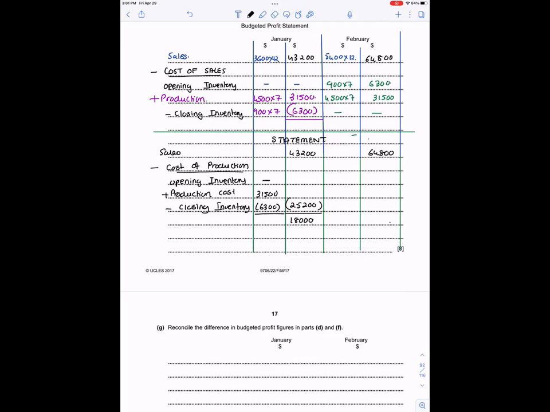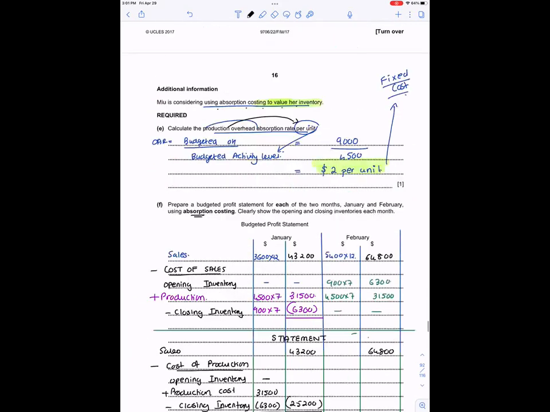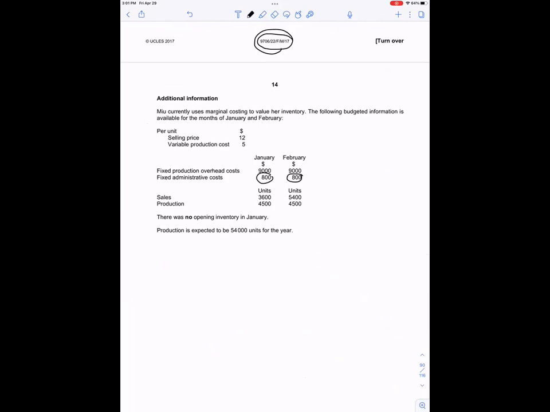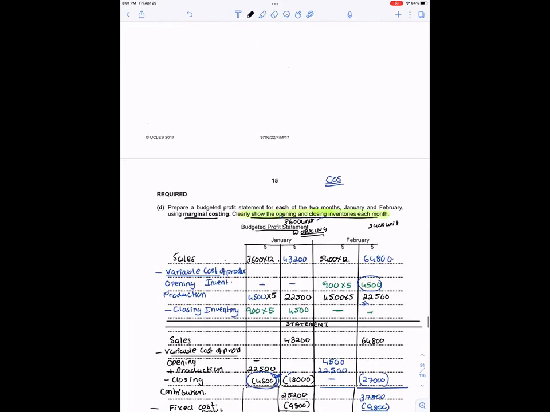We don't write contribution over here. Minus, what will you do? Here I have to minus everything to get the profit, the variable cost also and the fixed cost also. So there is a fixed administrative cost of 800.